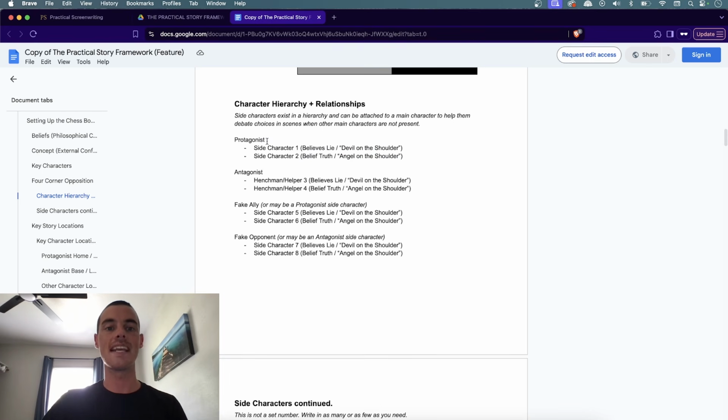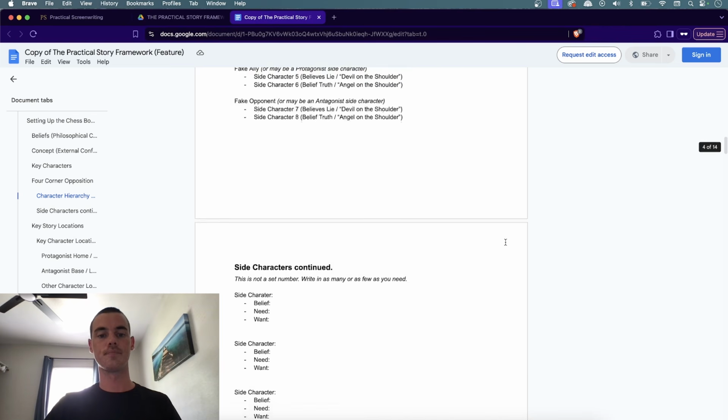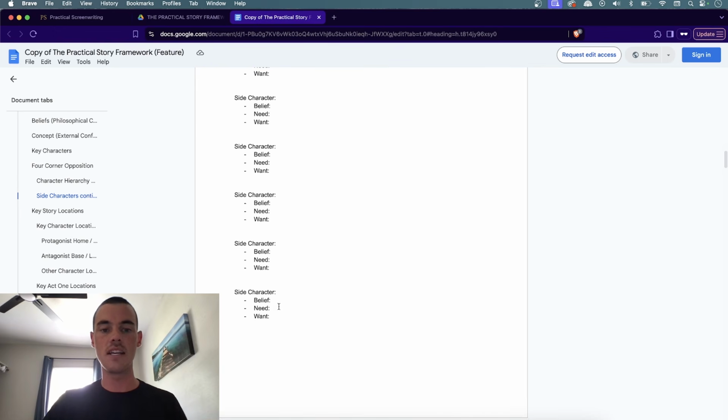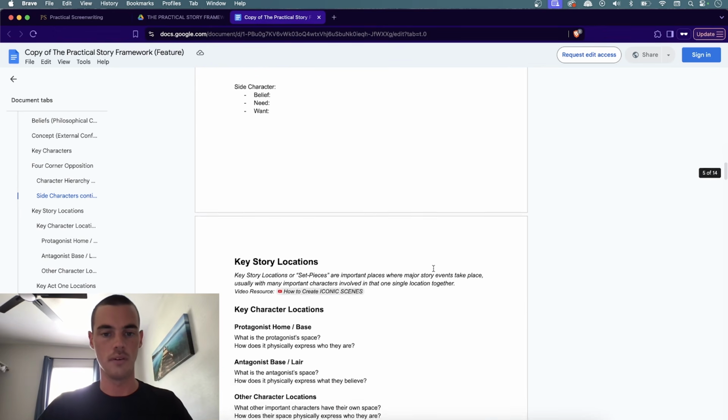So when your main characters are making decisions, your side characters are arguing for the lie, one side of the belief, or they're arguing for the truth, and they are standing on the shoulders speaking to the main character about what decision the main character should make. And again, side characters continued. This is just to add as many characters as you need to the story here.